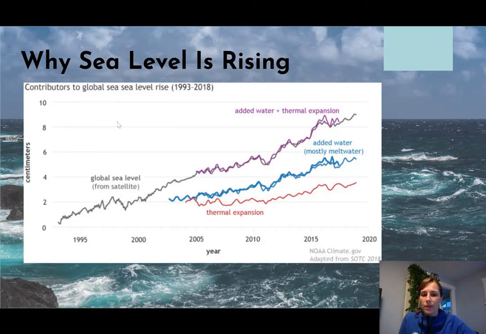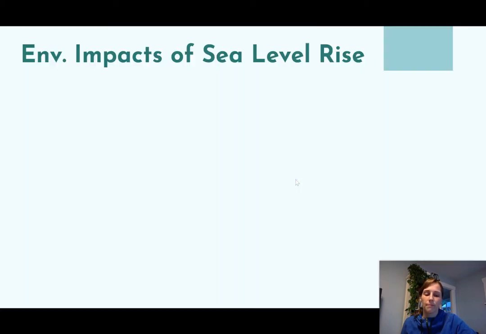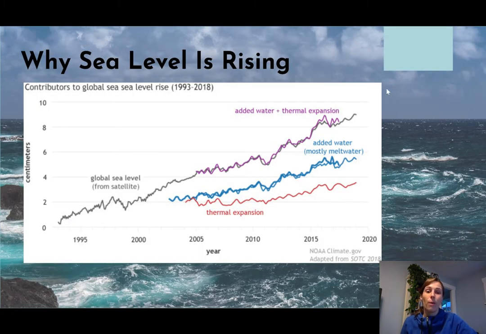If you look at this diagram here, this is talking about the contributors to global sea level rise from the early 90s to 2018, when this one ended. Looking at the sea level rise, the purple part is where you have added water and thermal expansion.